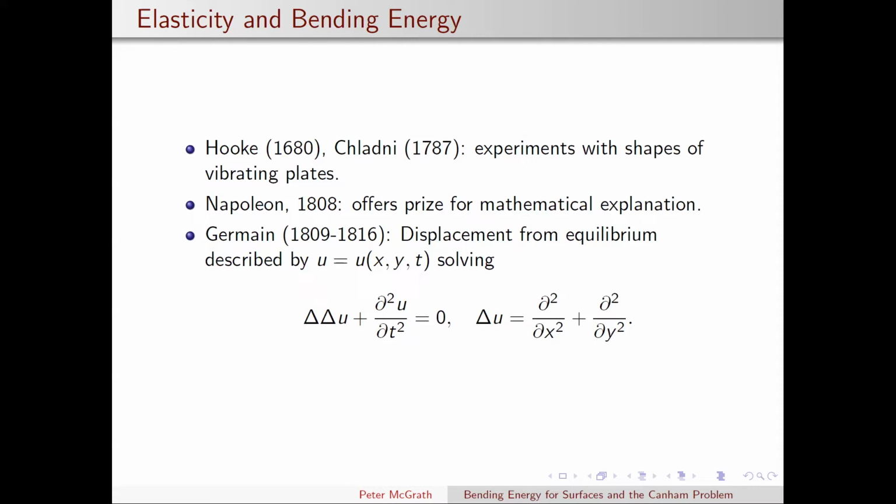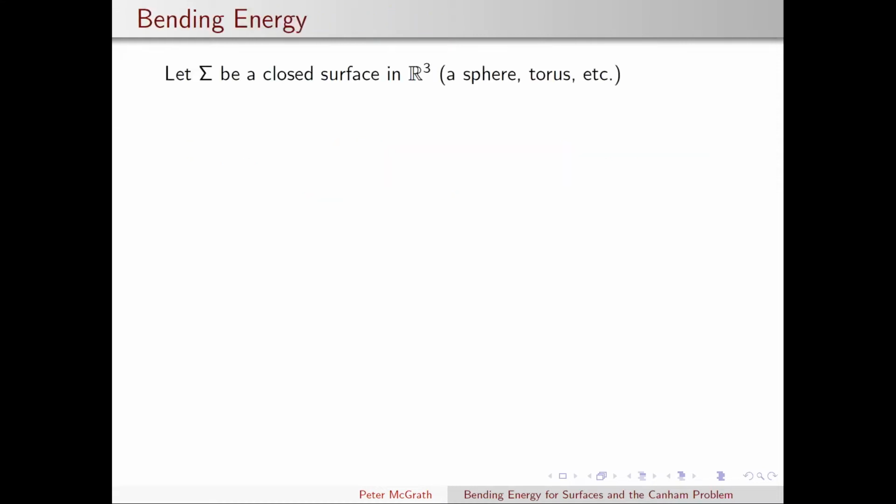So I want now to generalize this setting. Here we were just talking about a moving plate that's bending a little bit, oscillating. I want to generalize to a setting where I'm now considering a surface in R3. This will be the analogy of my plate, and this will be a closed surface.